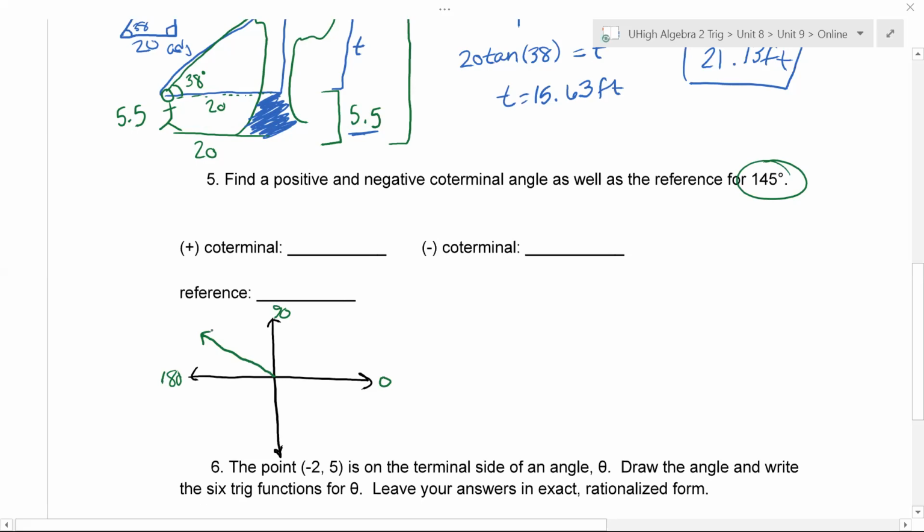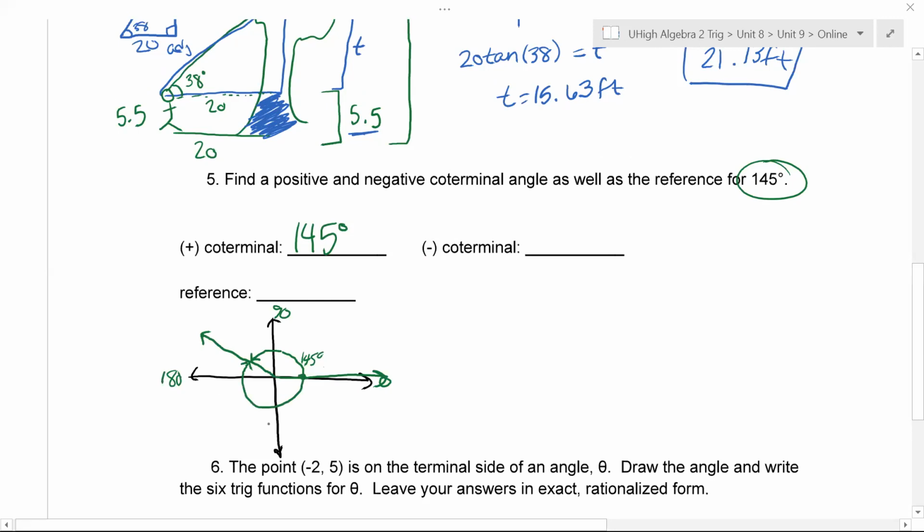So a positive coterminal angle, I'm going to start on my initial side, and I'm going to go counterclockwise to my terminal side. Well, that's just the angle that I have, so that's going to be 145 degrees. My negative coterminal angle, I'm going to start on my initial side again, and I'm going to go clockwise around.